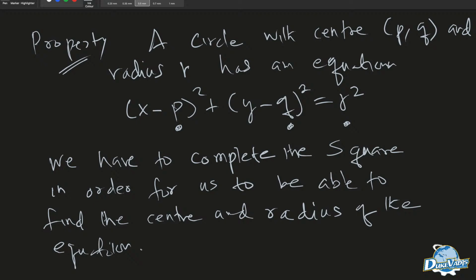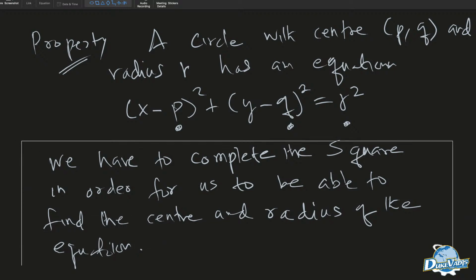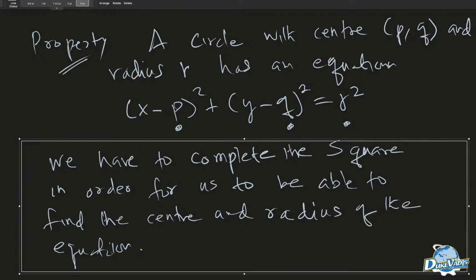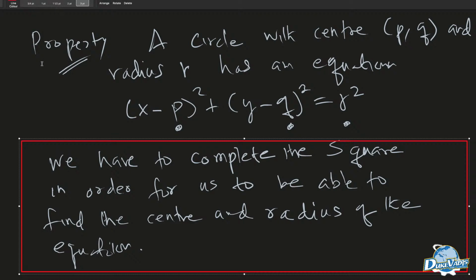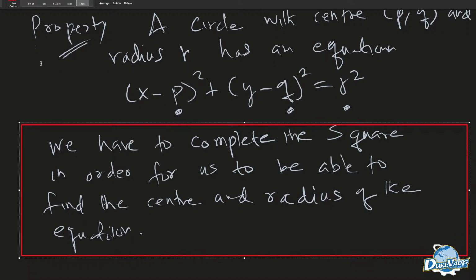So that is a big disclaimer. Here we need to really look at this. That's what it says: we have to complete the square in order for us to be able to find the center and the radius of the equation.